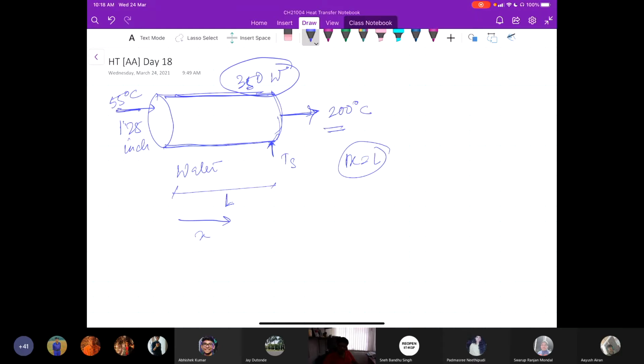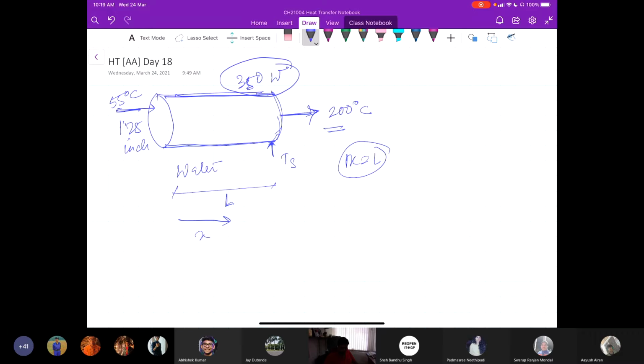So how do we solve this? Take the usual water properties. We have the average temperature, the bulk temperature or the film temperature, whatever you call it, that is directly given. I'm giving you that instead of looking at the table.